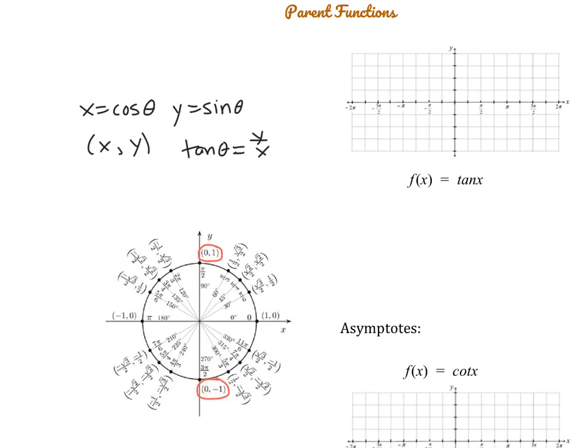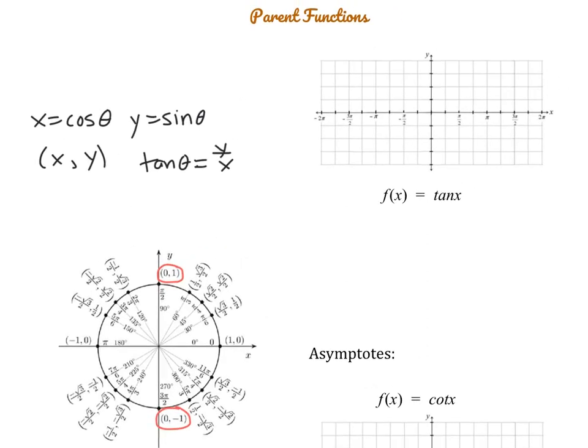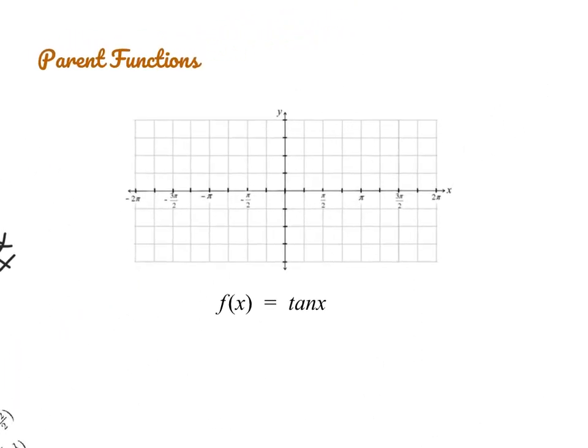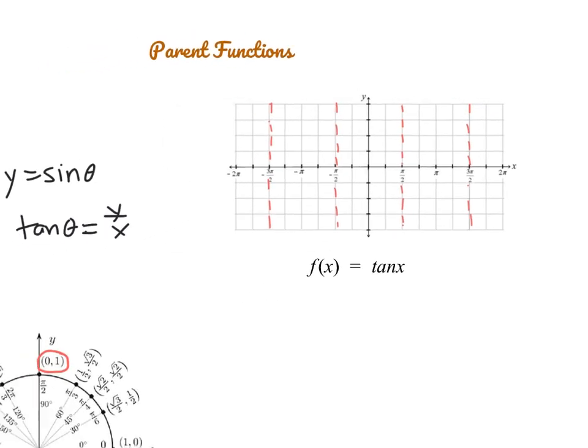So that's how often these asymptotes are going to reoccur, because we could just keep going around our unit circle in either the positive or the negative direction. So I'm going to start by putting a vertical asymptote at pi over 2 and 3 pi over 2 and negative pi over 2 and negative 3 pi over 2. And again, this would just keep repeating every pi units.